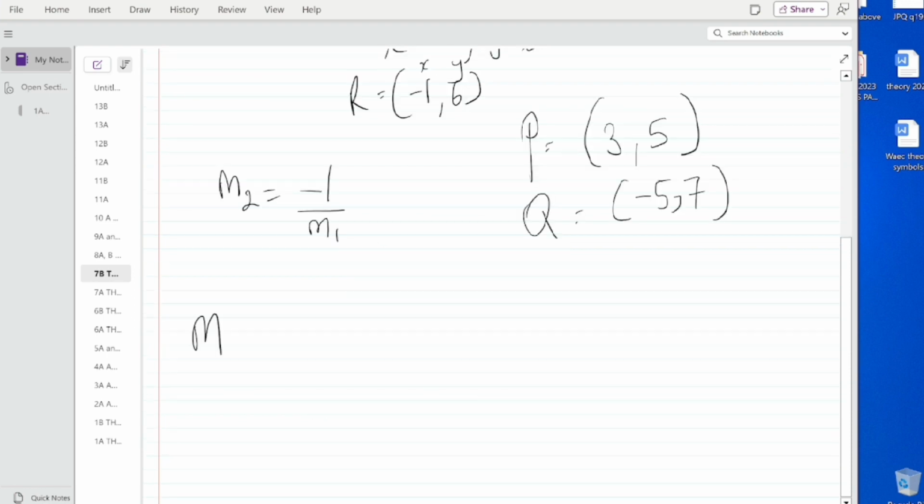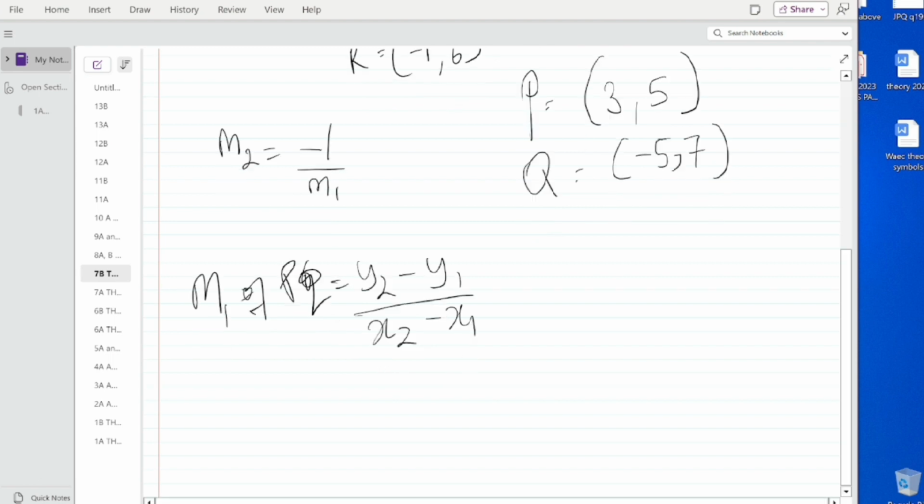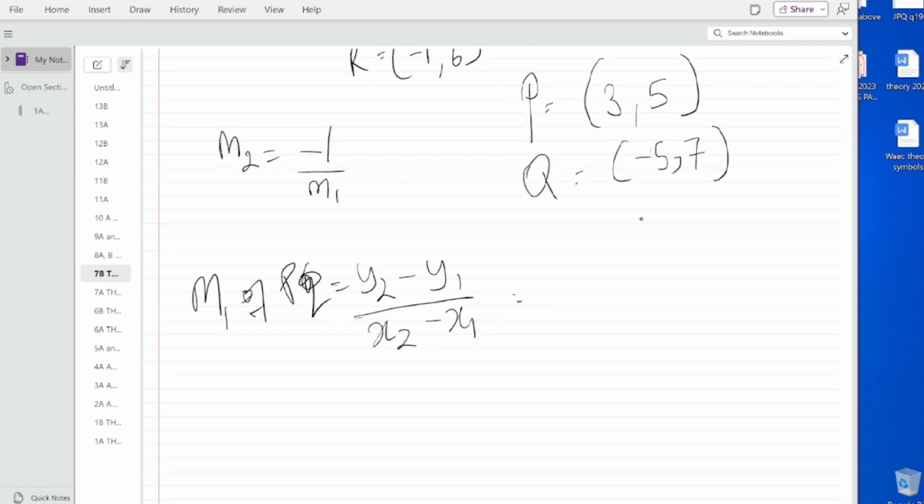We have the gradient m1 of line PQ as (y2 minus y1) over (x2 minus x1). With the Q behind, we have our y2 here, y1 here, x1 here, and x2 here.